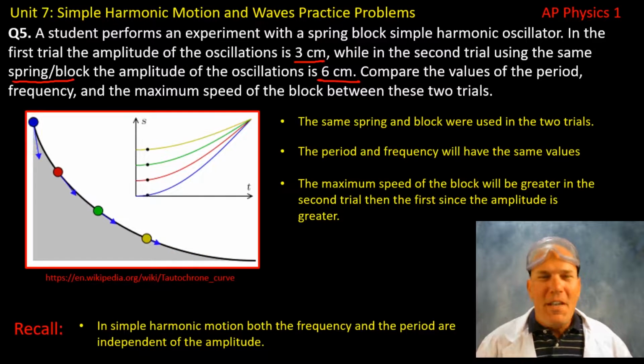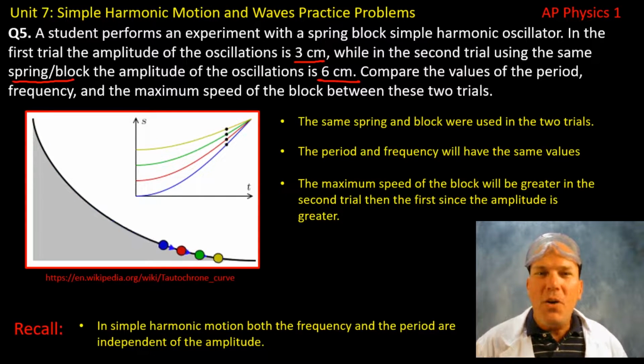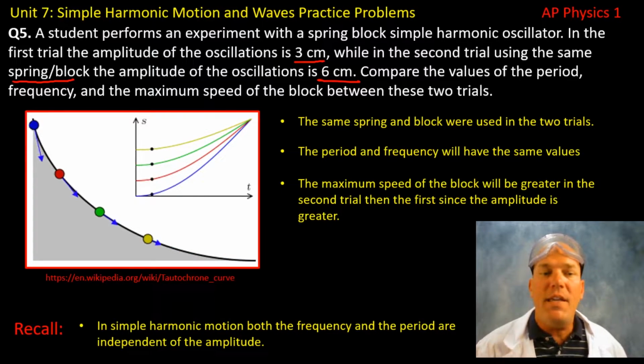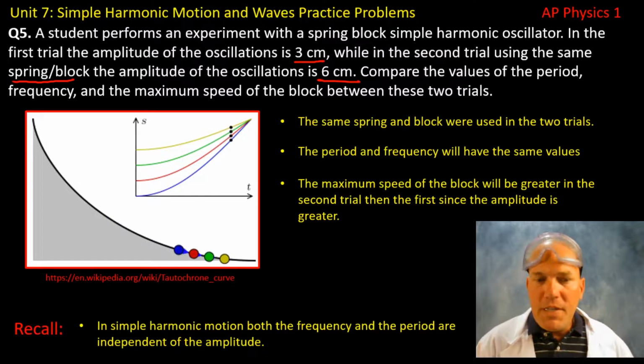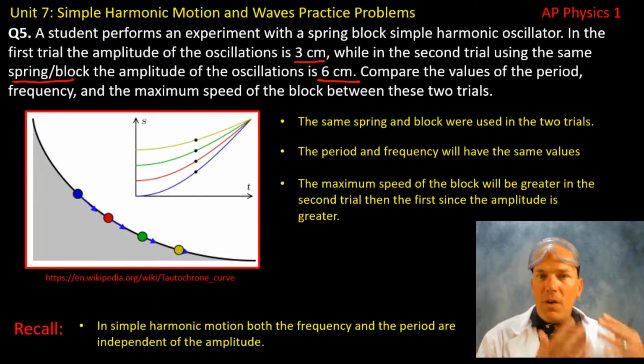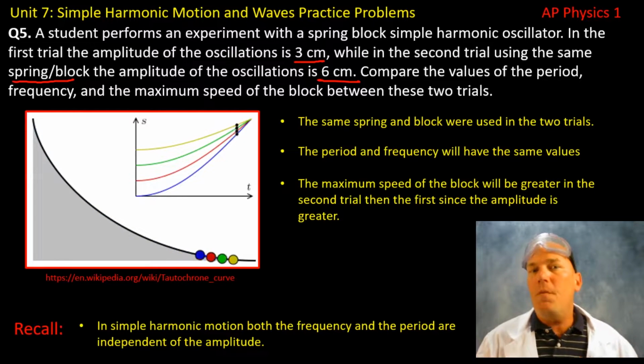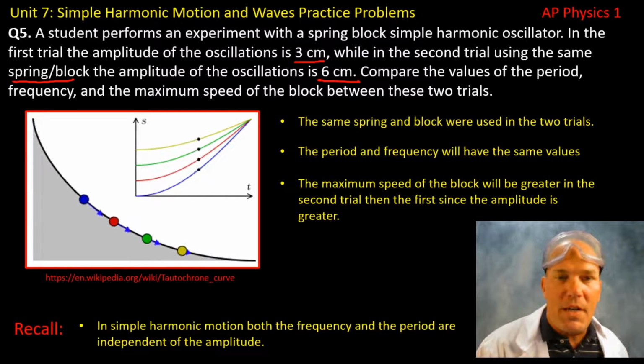Really cool stuff. But anyways, what this shows is that the time that it takes to reach the bottom of the tautochrone is the exact same for all 4 of these objects.